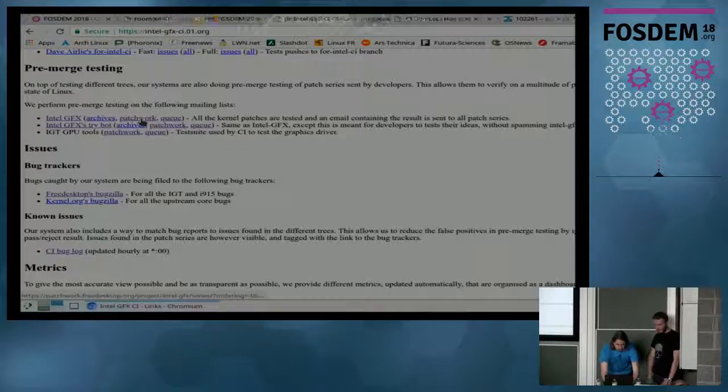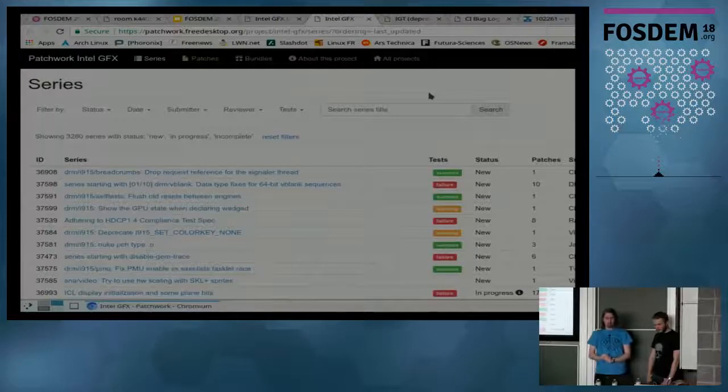So I don't know if you're familiar with Patchwork. Patchwork was developed by OZ Labs, which is a part of IBM, quite a long time ago, and then it was not developed for a long time, and our peer, Damien Lespiau, picked it up for development.